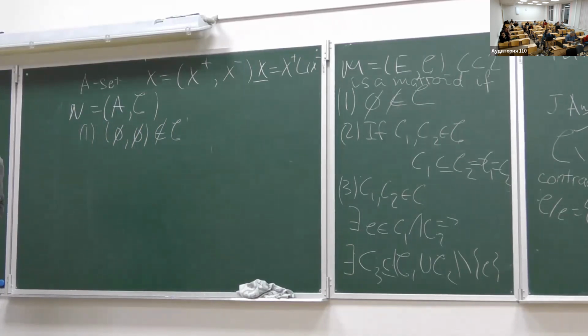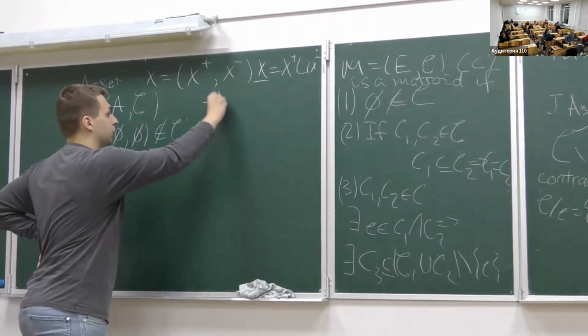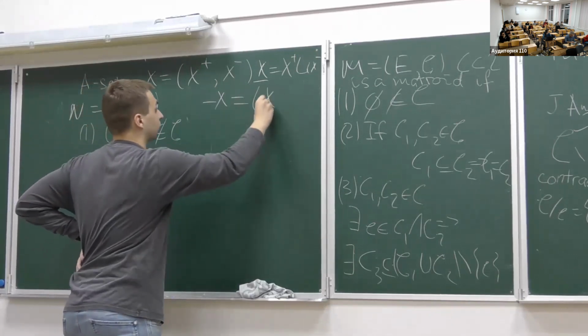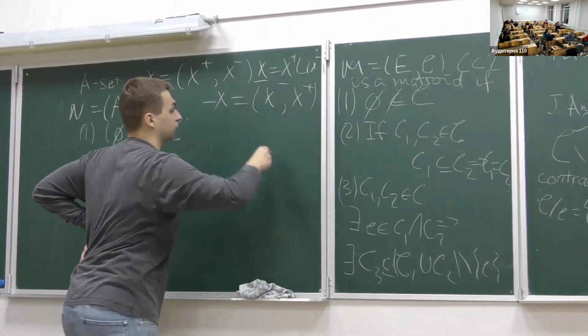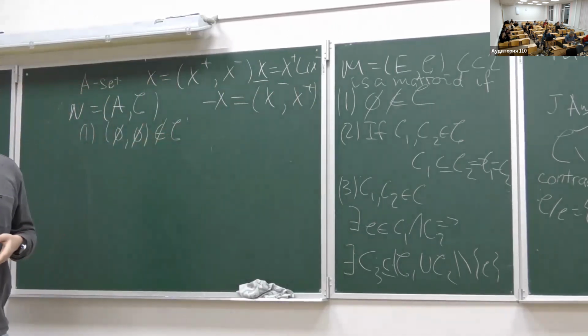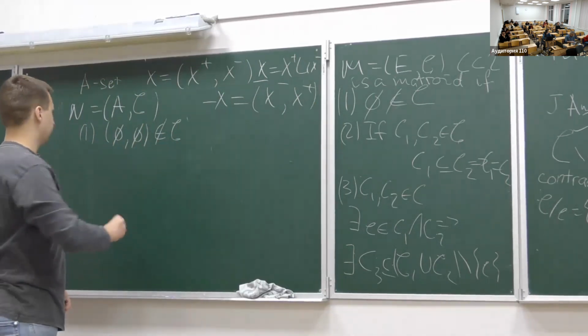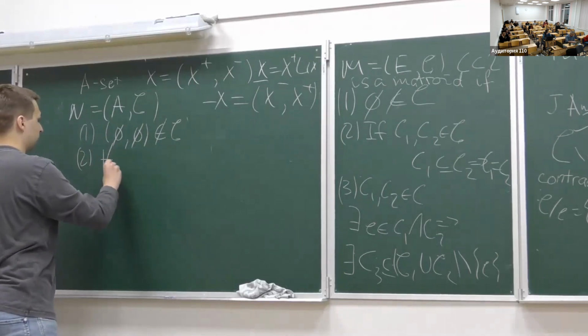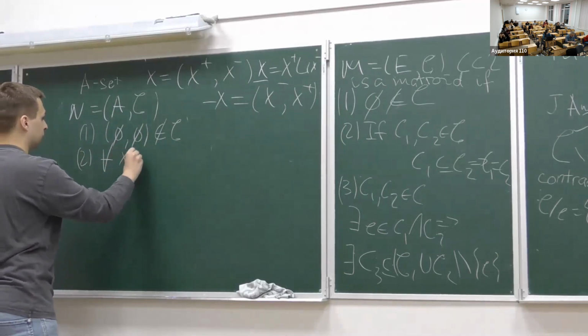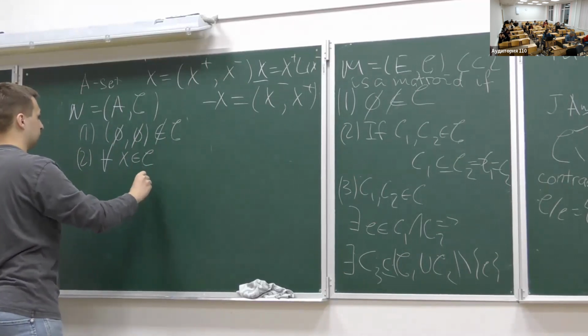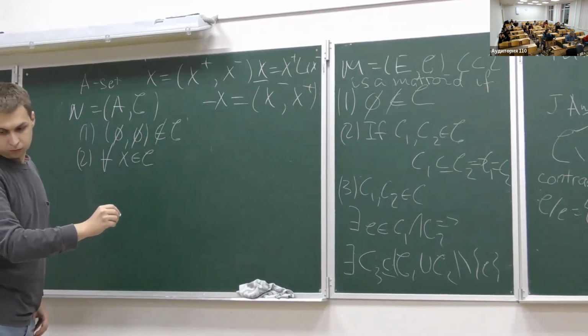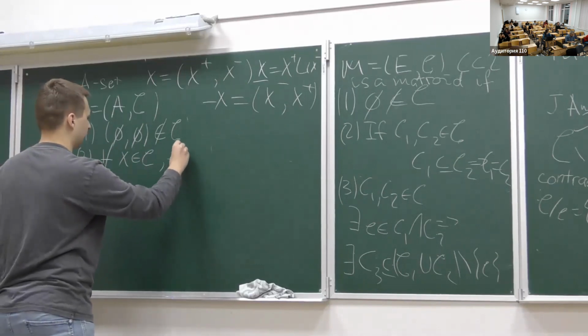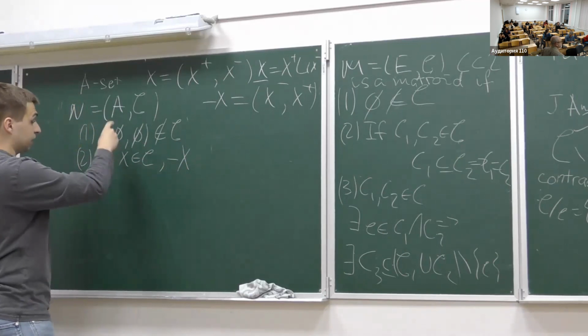We should also define minus X, which is naturally the pair X minus, X plus. The same pair, but reversed, so we switch orientation. The second axiom is that for any circuit, its minus is also a circuit.